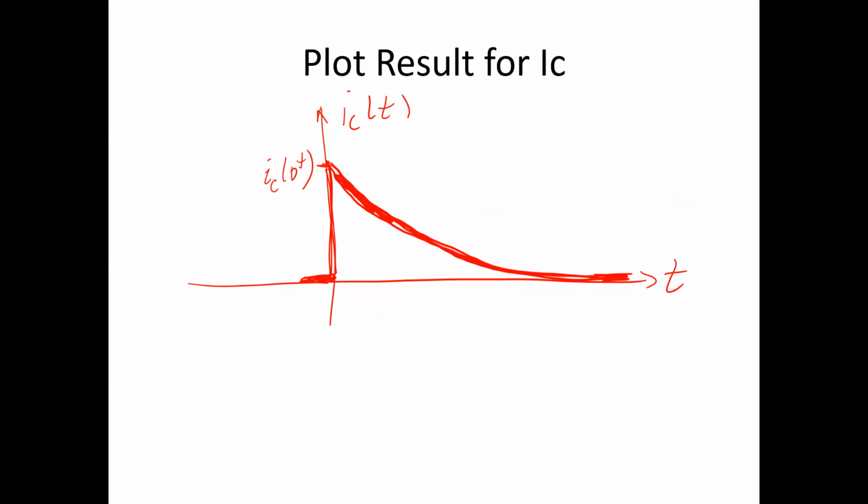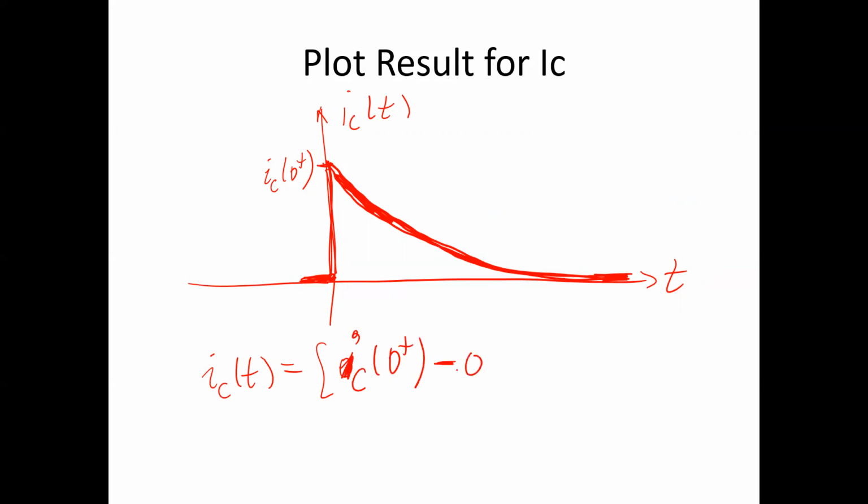If we want to actually write what this equation was, though, we could still use the same results from the differential equation. We would just be substituting different values of initial conditions and final value. So IC of t is going to start with an initial condition of IC of 0 plus, right?